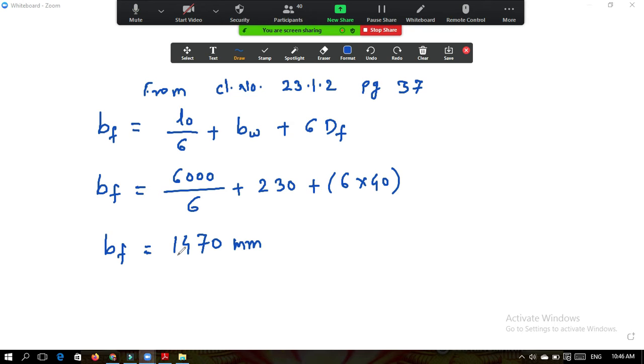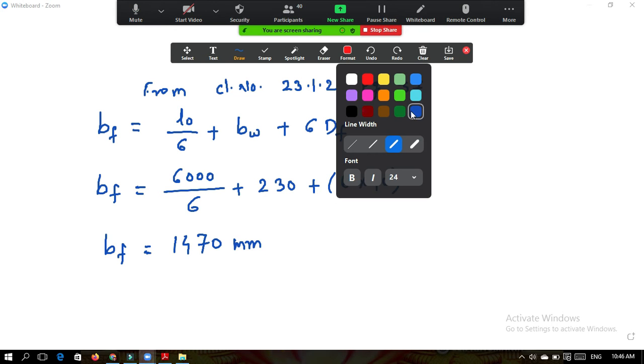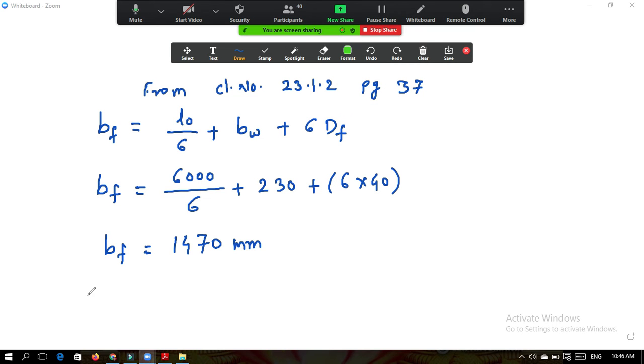Once we got this value, we will assume that now the neutral axis is passing through the flange. Okay, so I will write here, assume neutral axis is passing through flange.